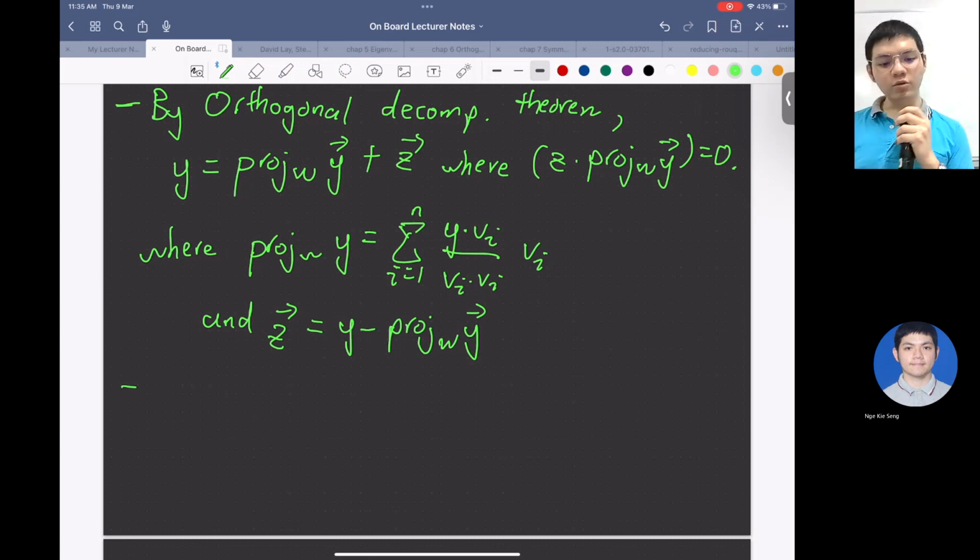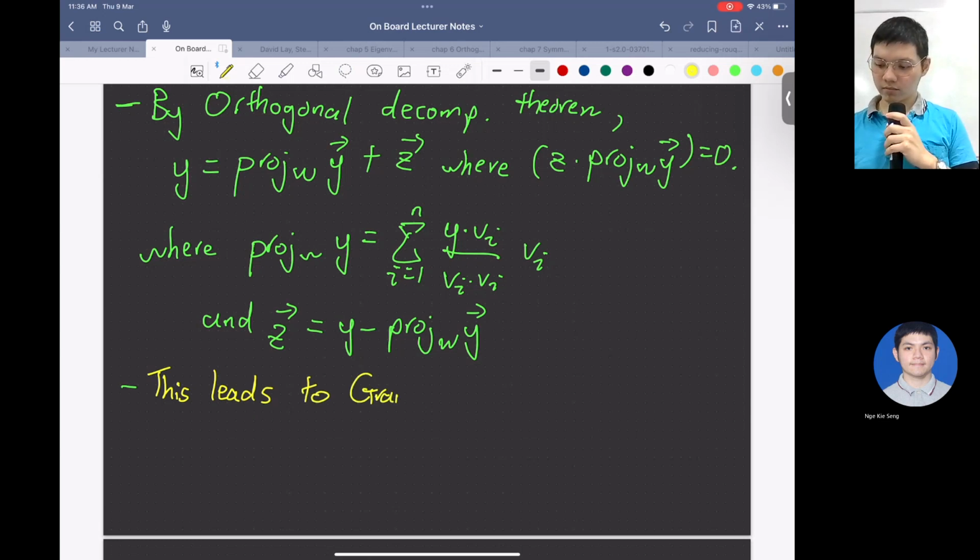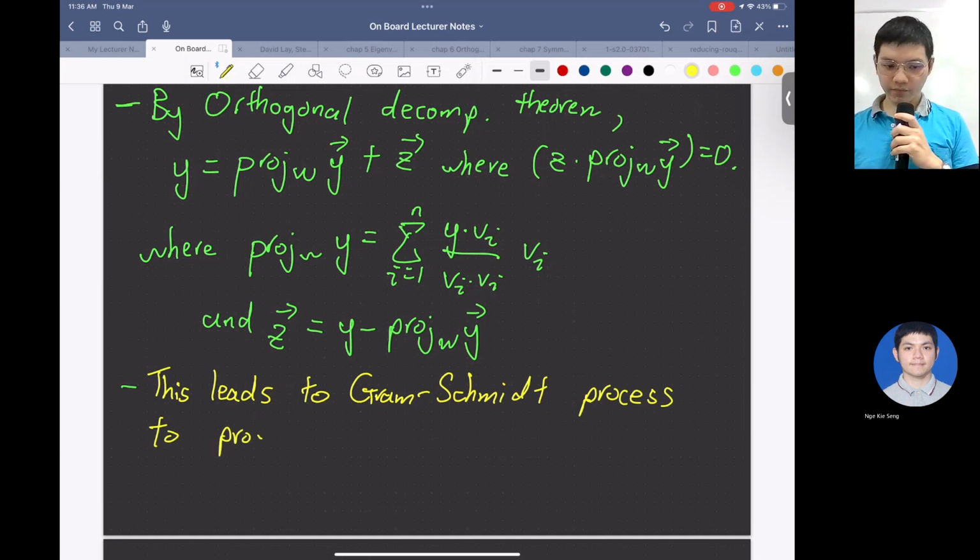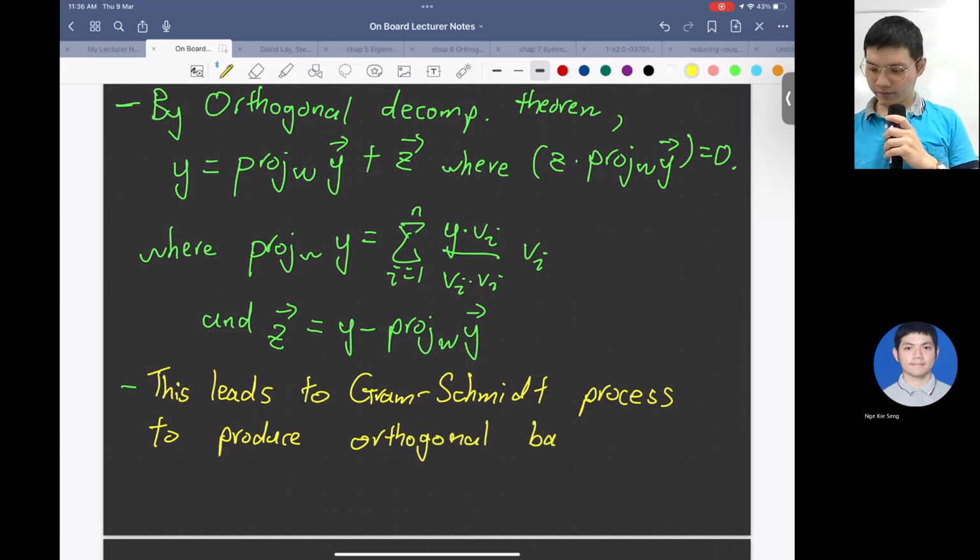Okay, so what does this do? Every vector we can project to some subspace, then find an orthogonal vector, project, find an orthogonal vector, project, find an orthogonal vector. This is what leads us to the Gram-Schmidt process, which produces an orthogonal basis.